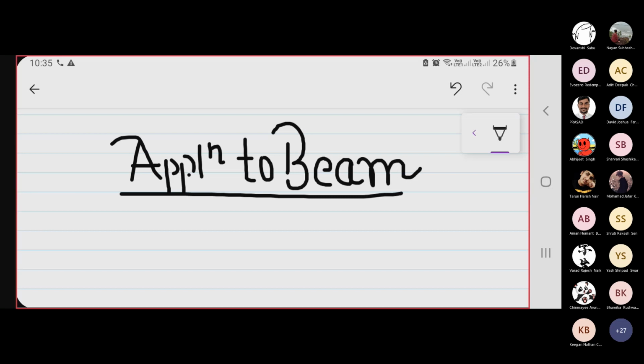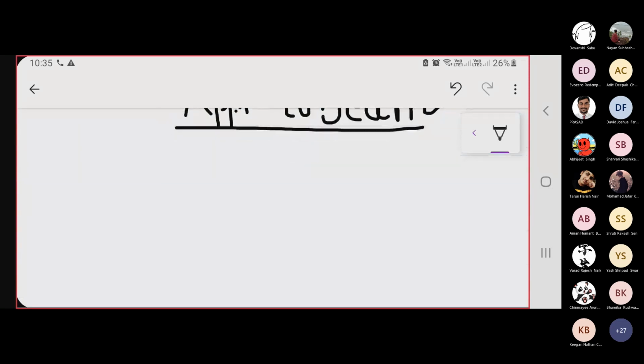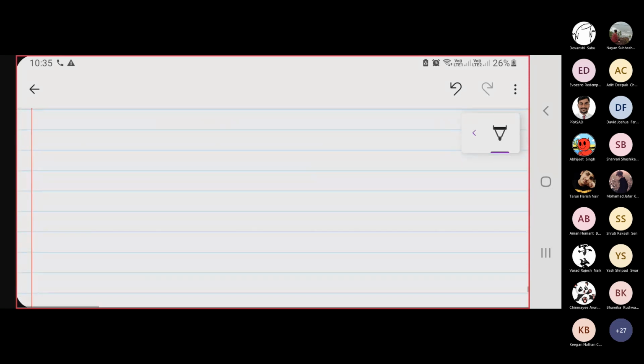Okay, so before going for what is meant by beam, I want to share some important thing, that is types of support. Then we'll see what is meant by beam, and then we'll go for problems.